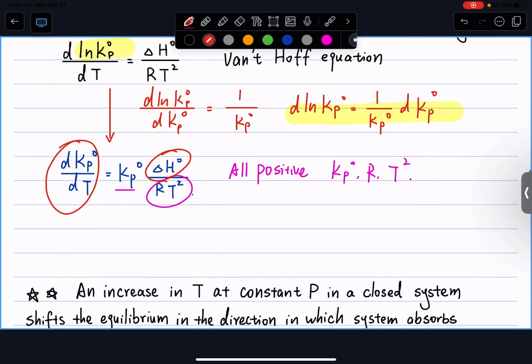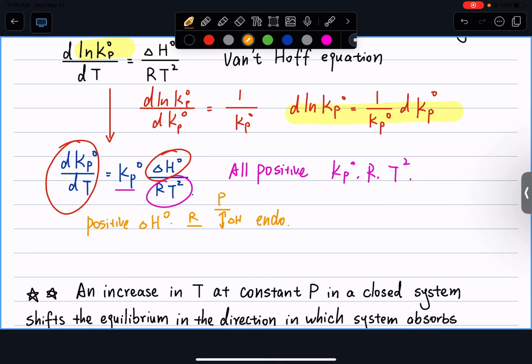What does that mean? Let's assume we have a positive delta H. A positive delta H means your reaction is endothermic between your reactant and product.